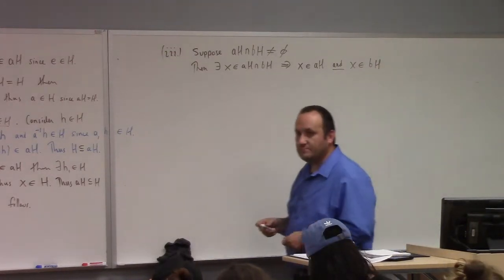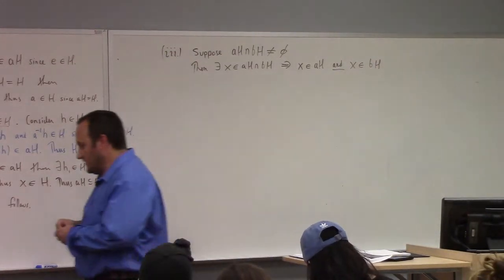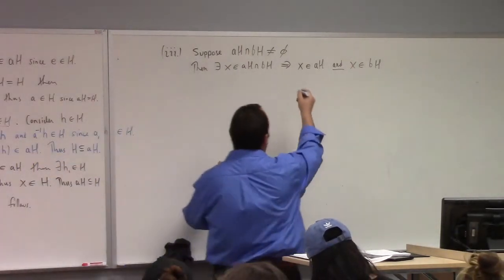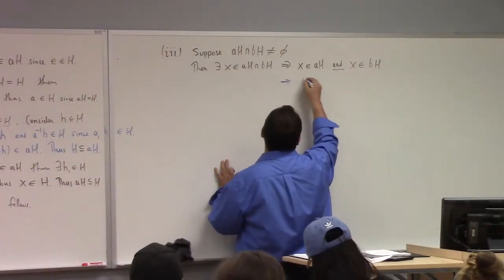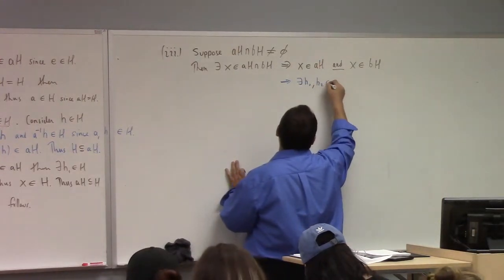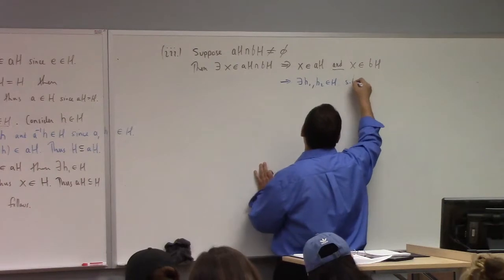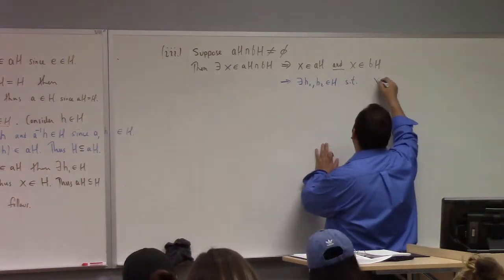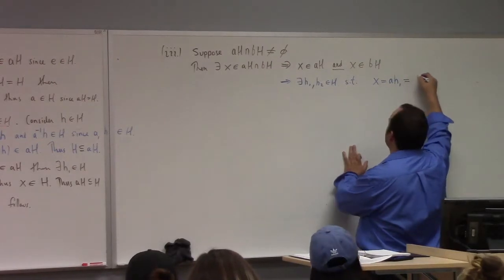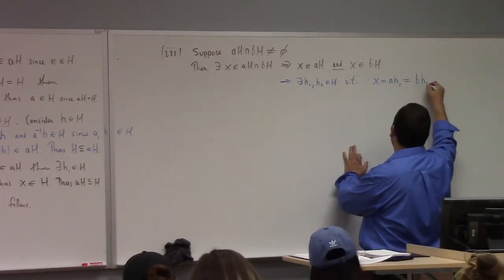But what does that mean? That means that there exists an H1 and there exists an H2 in the subgroup H, such that X is equal to AH1, and that's also equal to BH2.